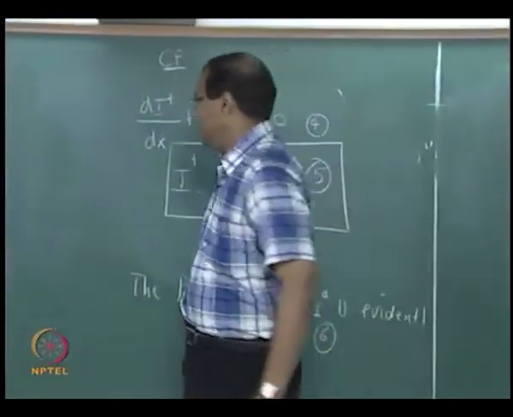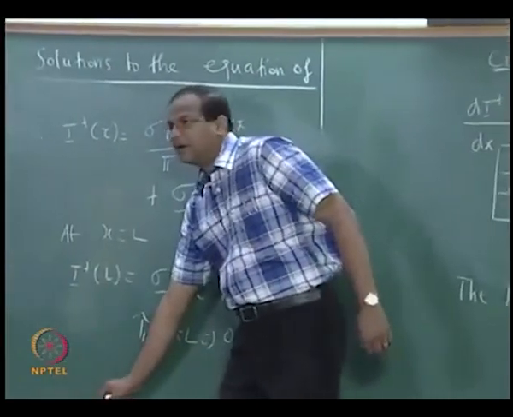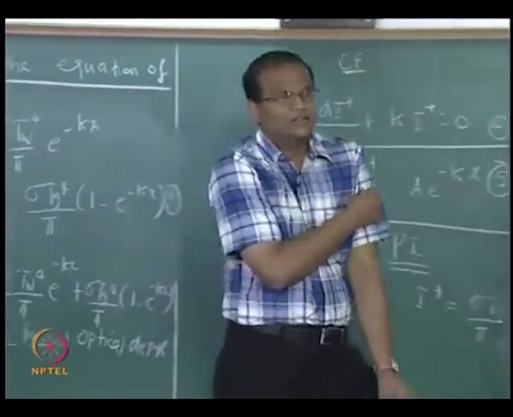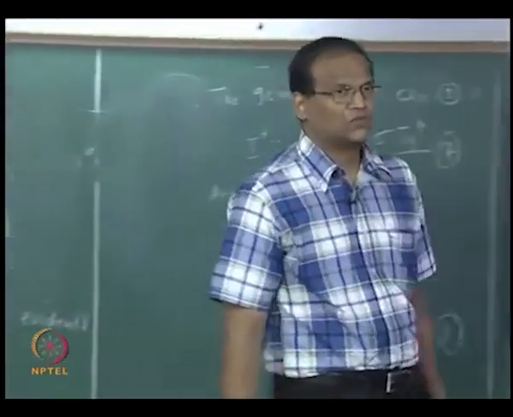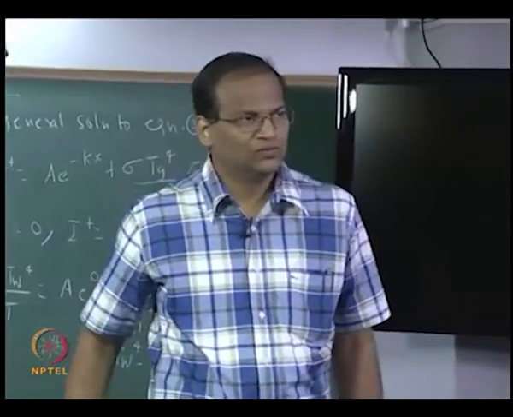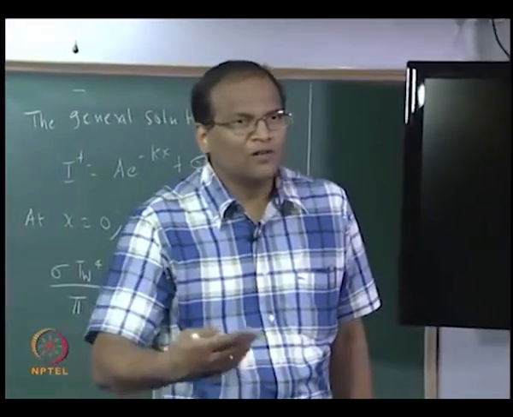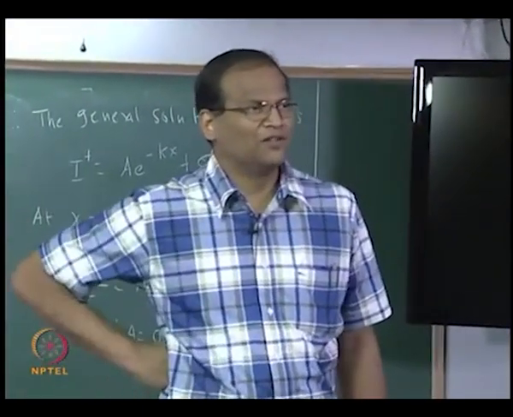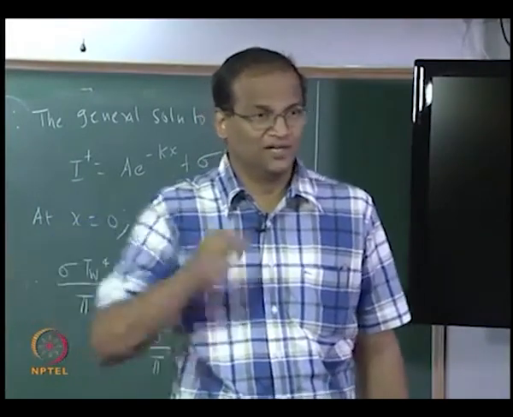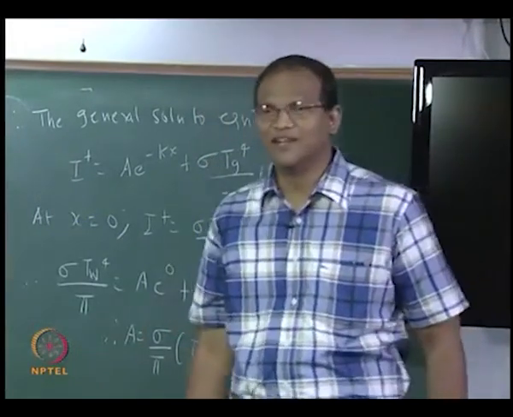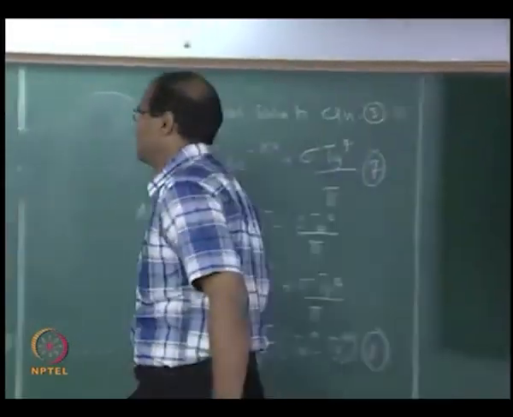But beware, optically thin or thick, the tau is dimensionless. You are almost tempted to believe that tau should have the units of meter when I say optically thin, optically thick. Kappa has the units of meter inverse, tau is dimensionless.